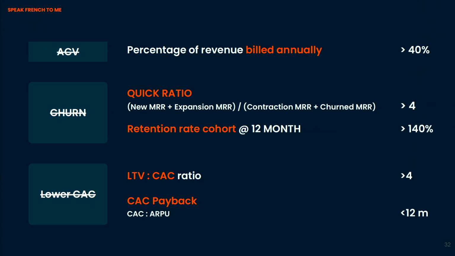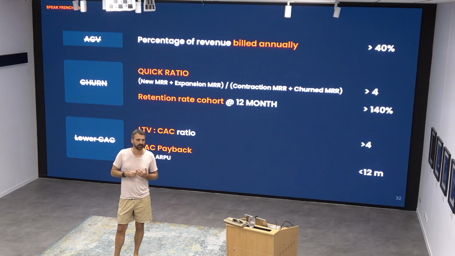Okay, so these 5 key metrics are my feedback from a few years of experience. The first question that a prospective investor will ask you is what's your annual revenue?